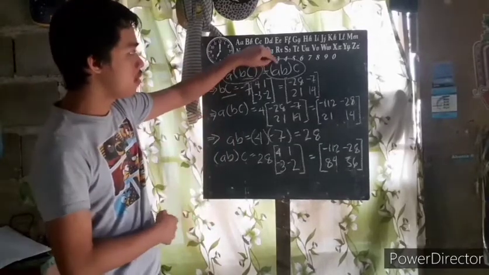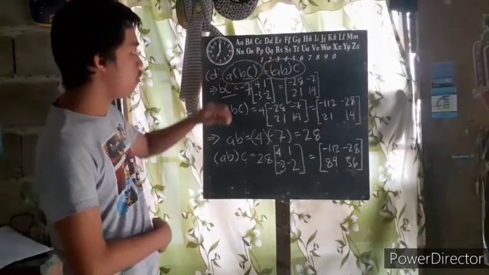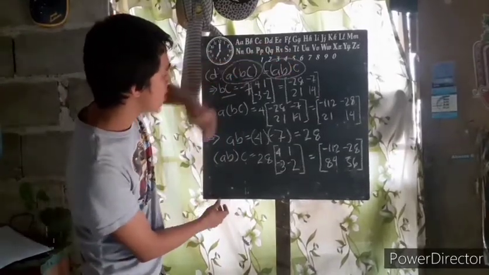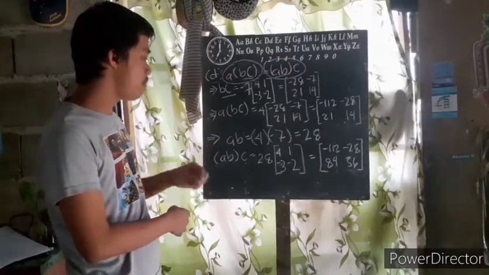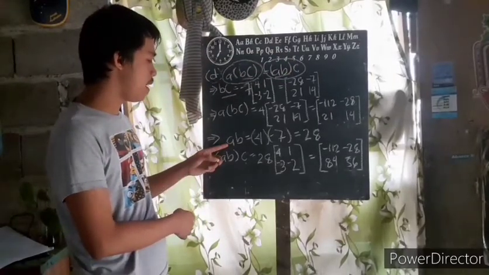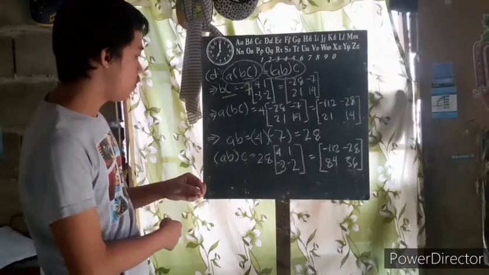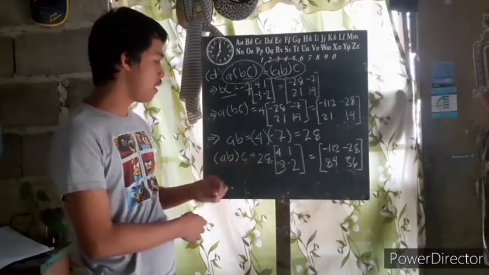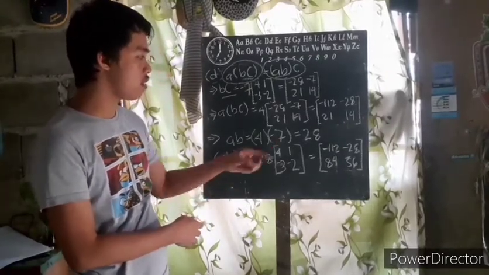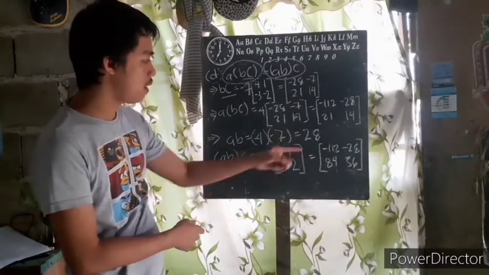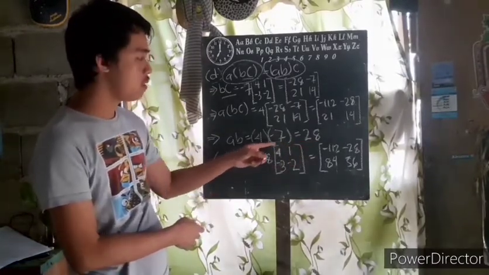To find this equation, let's find this first. Let's find AB, which is the scalar A and B. We know that the scalar A is 4 and the scalar B is negative 7, so we can come up with the answer of negative 28. Just multiply these two.